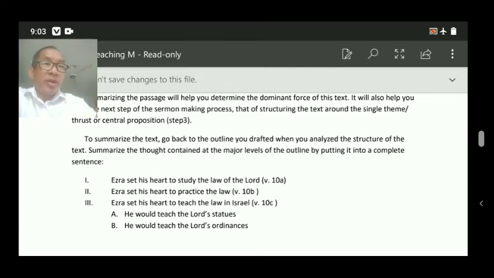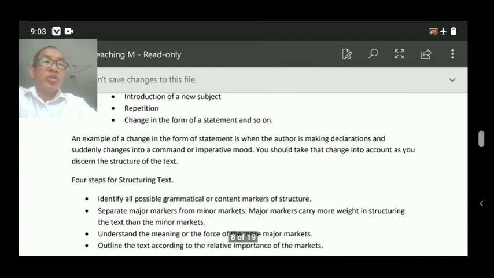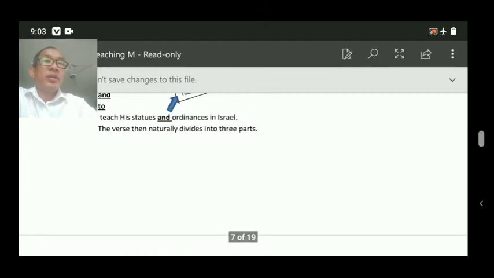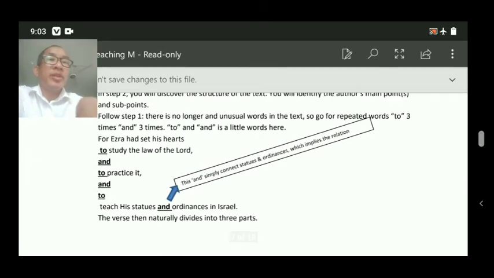Here in Ezra, we did not put it into sentences. We just divided the text by a small word. To study the law of the Lord and to practice it, all these outlines are not the real outline. This is the survey that we have made.